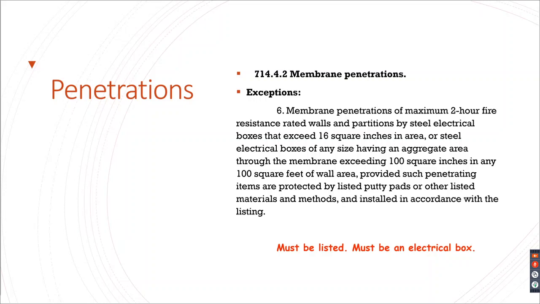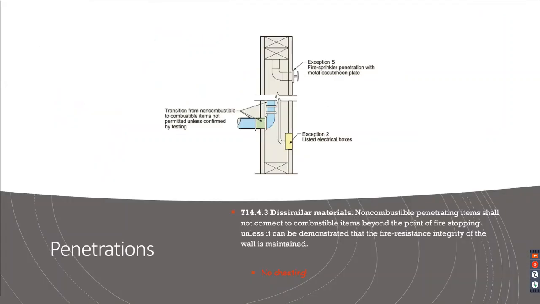So number 6 is for membrane penetrations of maximum 2-hour fire resistance rated walls and partitions by steel electrical boxes that exceed the 16 square inches in area, or steel electrical boxes of any size having an aggregate area through the membrane exceeding 100 square inches in any 100 square feet of wall area, provided such penetrating items are protected by listed putty pads or other listed materials and methods, and installed in accordance with the listing. So it must be listed, and this exception is only for the electrical boxes.